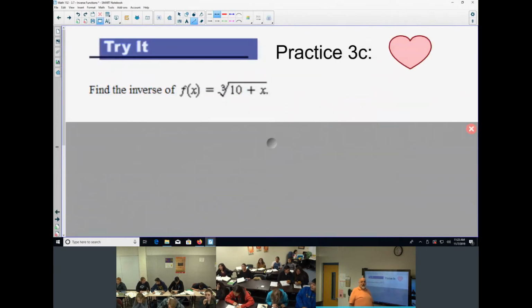All right, so Hannah, what do you have for the inverse? I got x cubed minus 10.